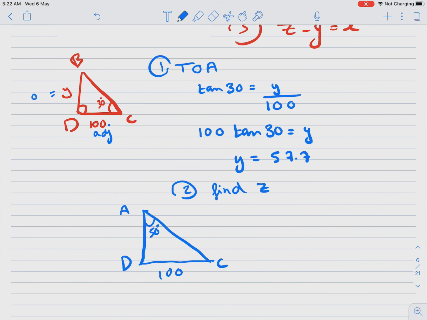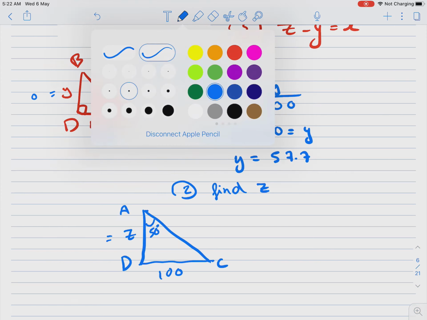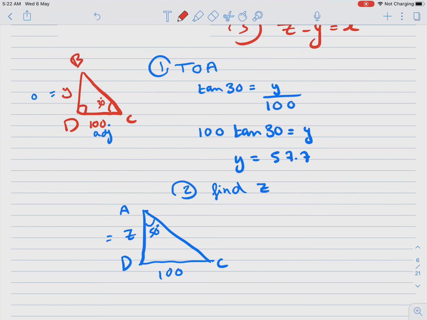So now I can calculate the side z. With respect to the 50 degrees, z is the adjacent, and the 100 is the opposite. So again, tan is equal to opposite over adjacent. So tan 50 is equal to 100 over z.